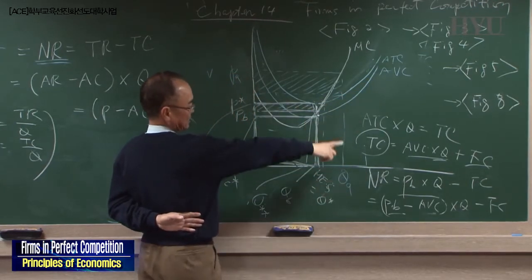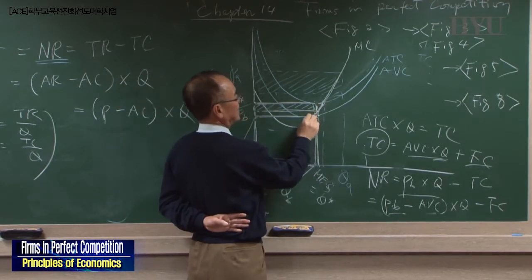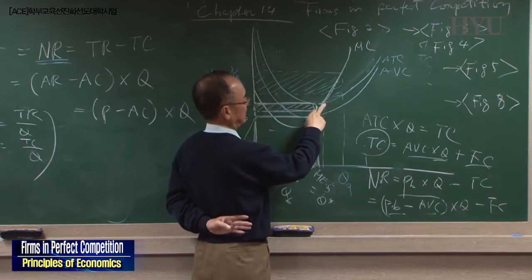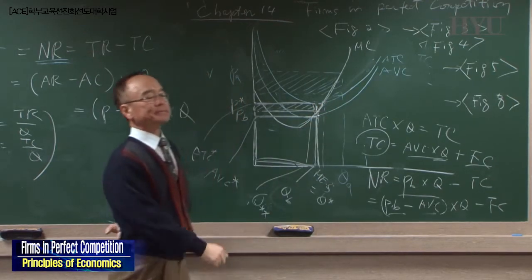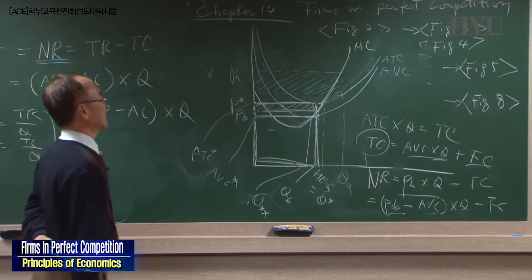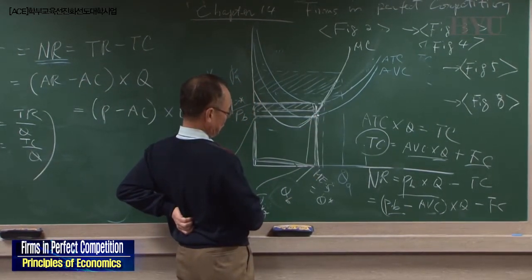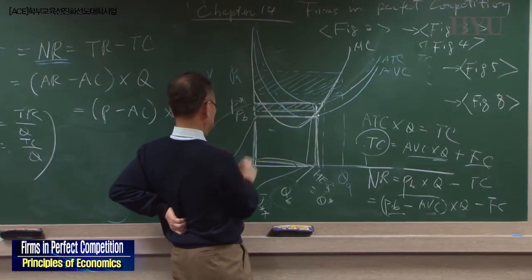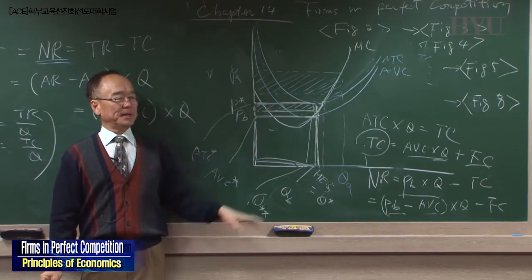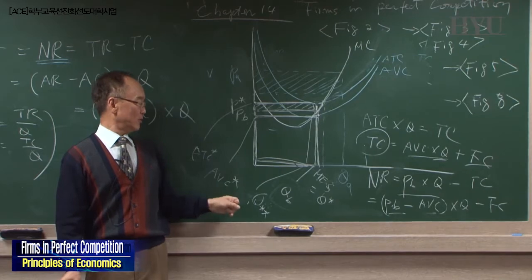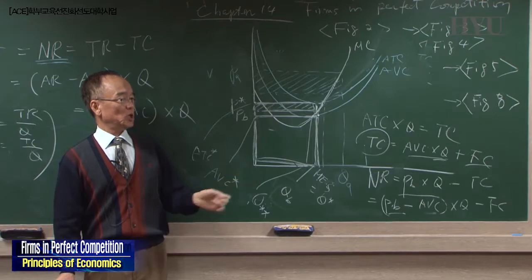So from this equation, you can clearly understand that in this region, even if you record a loss accounting-wise, you keep operating here. Is that clear? So this is AVC star. Up until market price falls down to AVC star, you will be in operation.